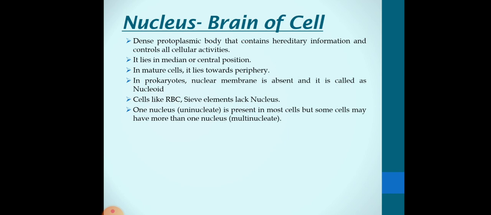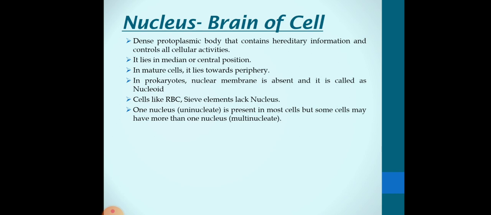Now the nucleus lies in the central position, in the center of the cell, whereas in mature cells it slides towards the periphery. That means in a mature cell, the nucleus is not present just at the center, but somewhere near the plasma membrane.